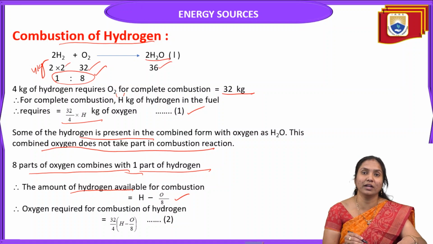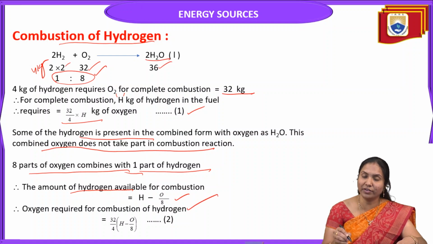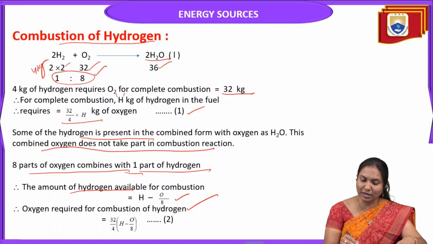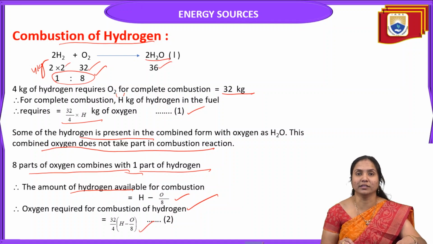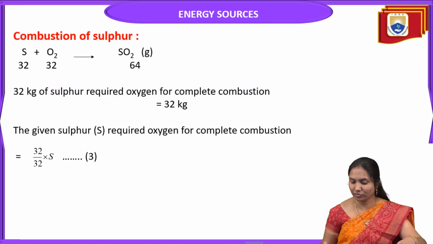So the hydrogen available for combustion is H minus O by 8. The oxygen required for complete combustion of hydrogen is then 32 by 4 into H minus O by 8. This is equation number 2.